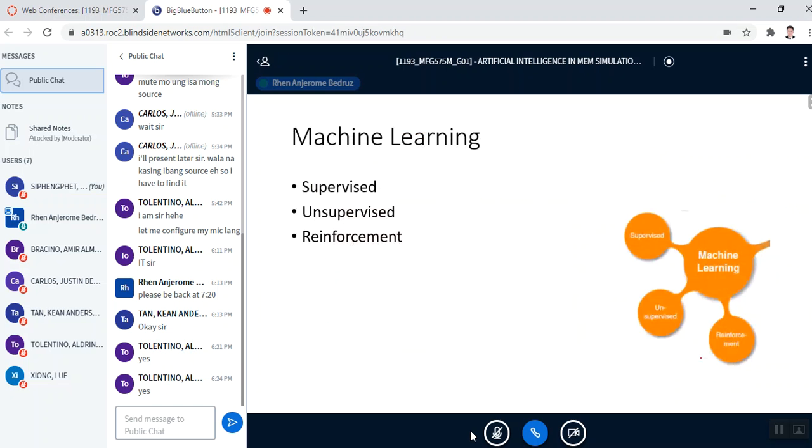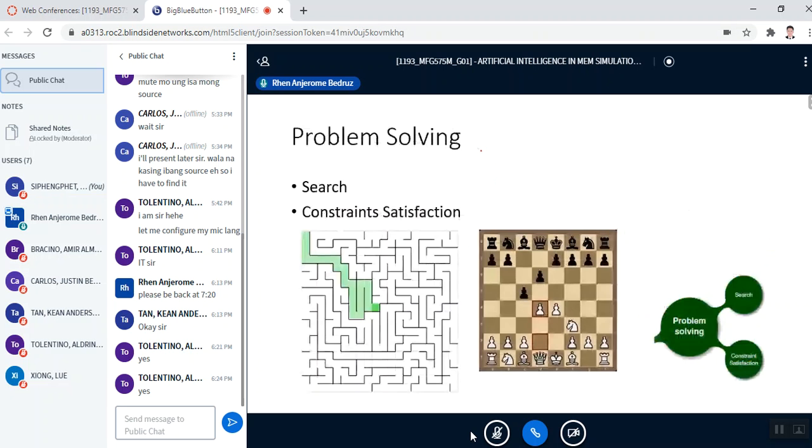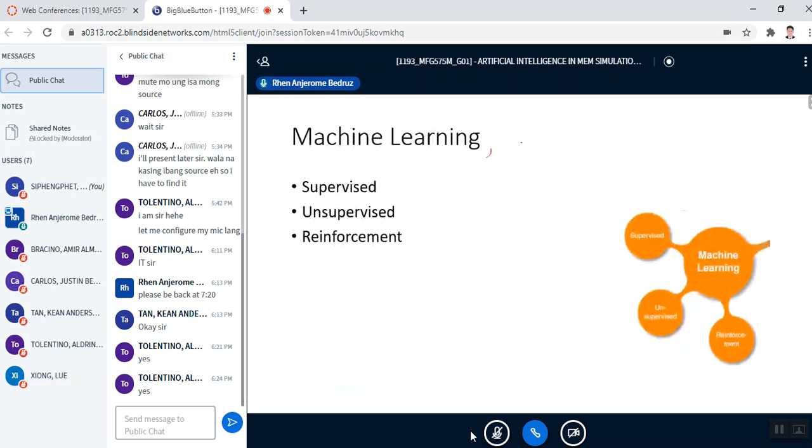Next, the third type of artificial intelligence is machine learning. Problem solving is classical AI, with classical techniques. Machine learning is the modern AI.